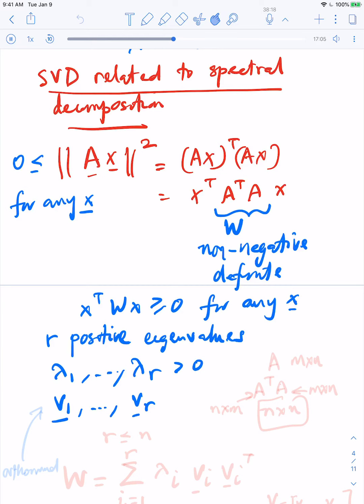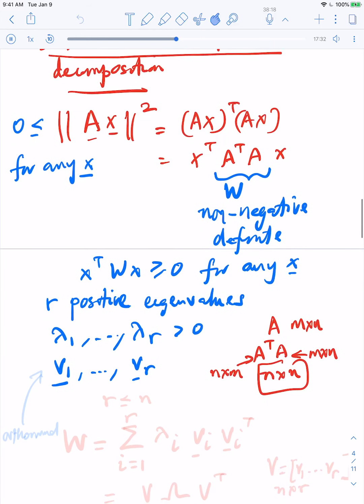So A was M cross N, so A transpose A is N cross N, because I am multiplying an N cross M matrix with an M cross N matrix. So W is N cross N, so this R is less than or equal to N, the entire dimension N. And of course, as before, we can complete the spaces up to N as we like, but it's not going to make much of a difference.